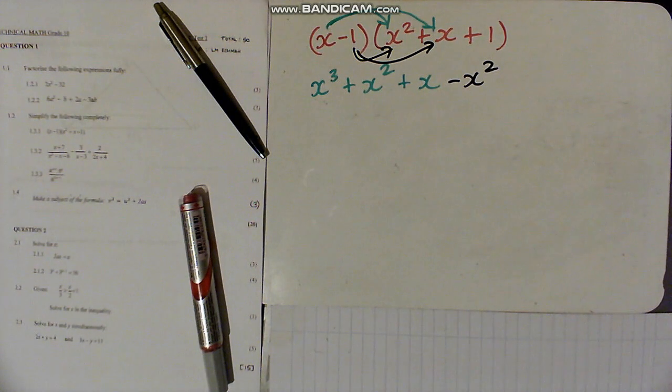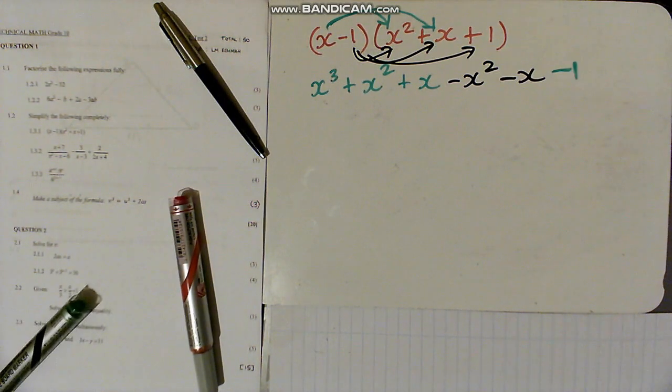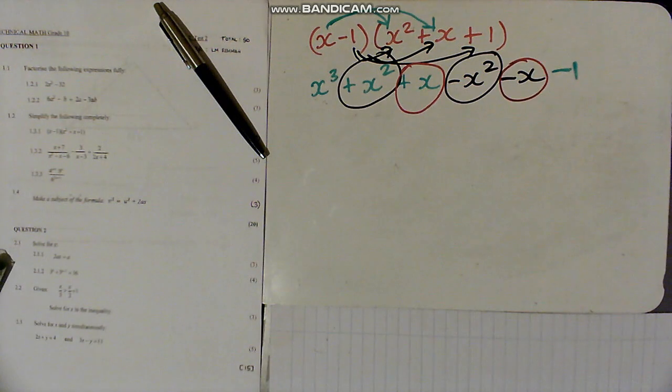Minus 1 times x will give us minus x. Minus 1 times a positive 1 will give us minus 1. Do you see any like terms there? Notice they have the opposite signs. One is plus, one is minus, one is plus, one is minus. They will cancel each other out. You'll have x cubed minus 1.